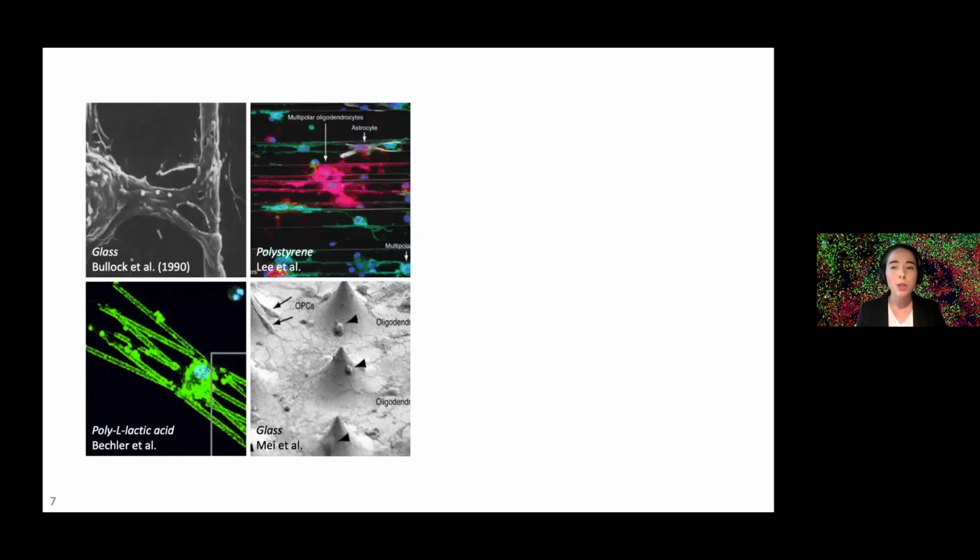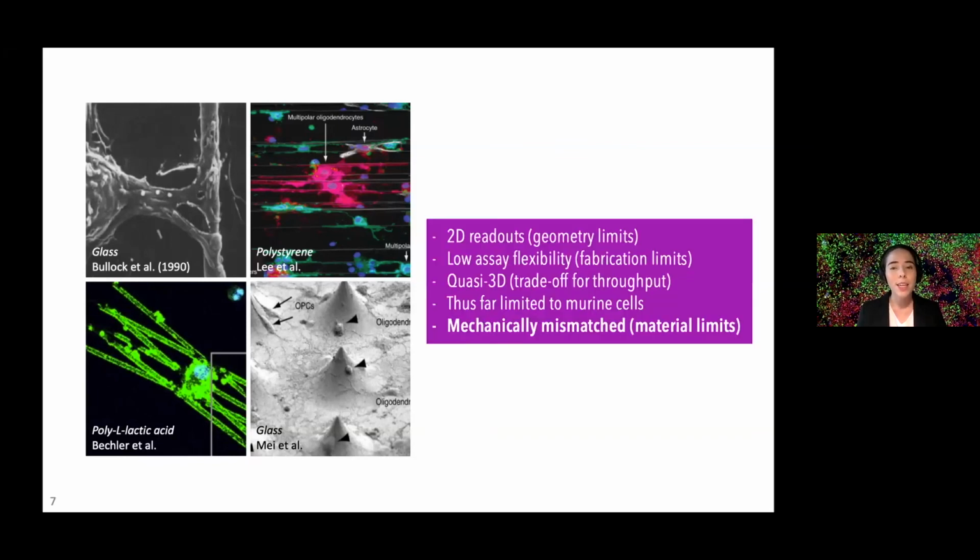While some of these capture essential features of the myelinated oligodendrocyte axon unit, they have several key deficiencies. Primarily, they sacrifice true three-dimensionality for the sake of throughput, as is the example of these cones, and the mechanical properties of the materials remain orders of magnitude higher than those of brain tissues and cells.